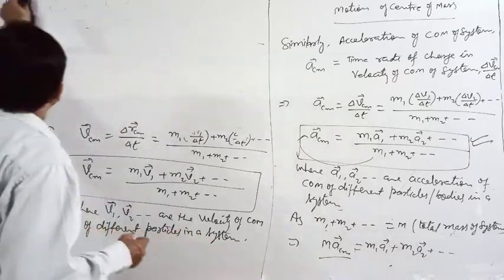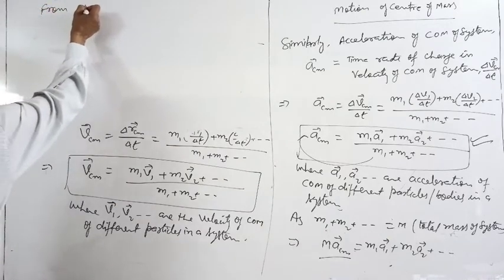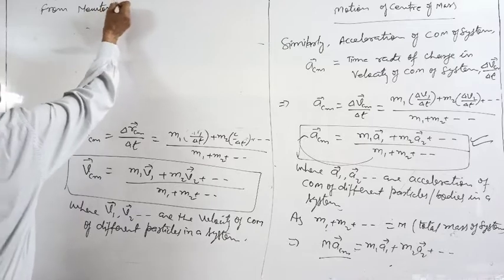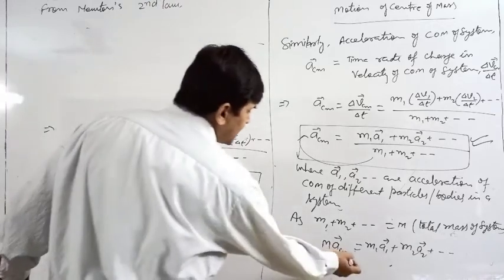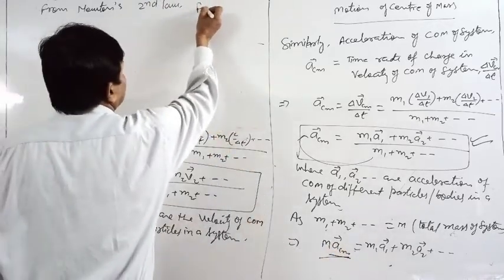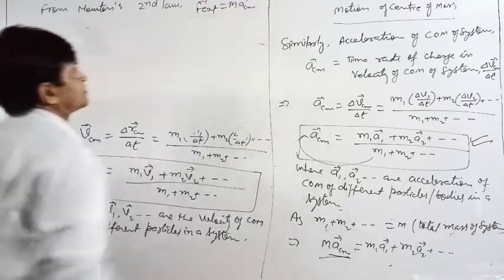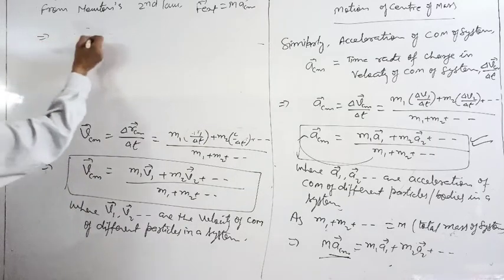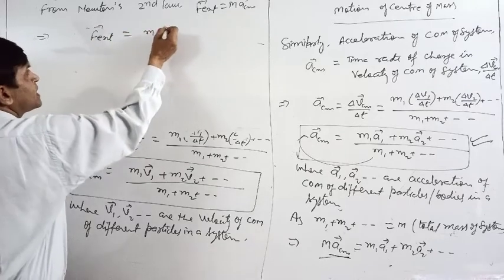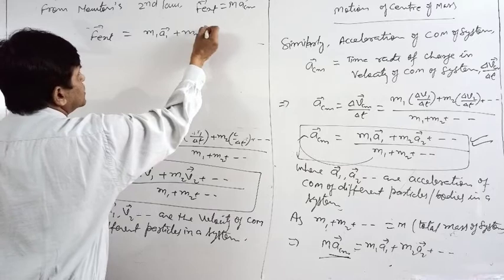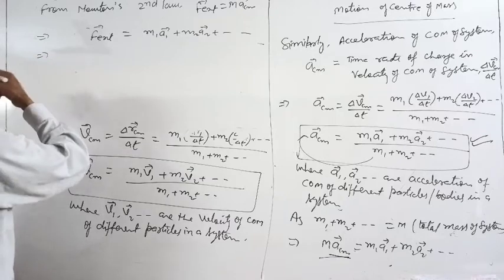Now see, from Newton's second law, F external equal to M ACM. We can say here F external force equal to m1 A1 plus m2 A2 likewise.